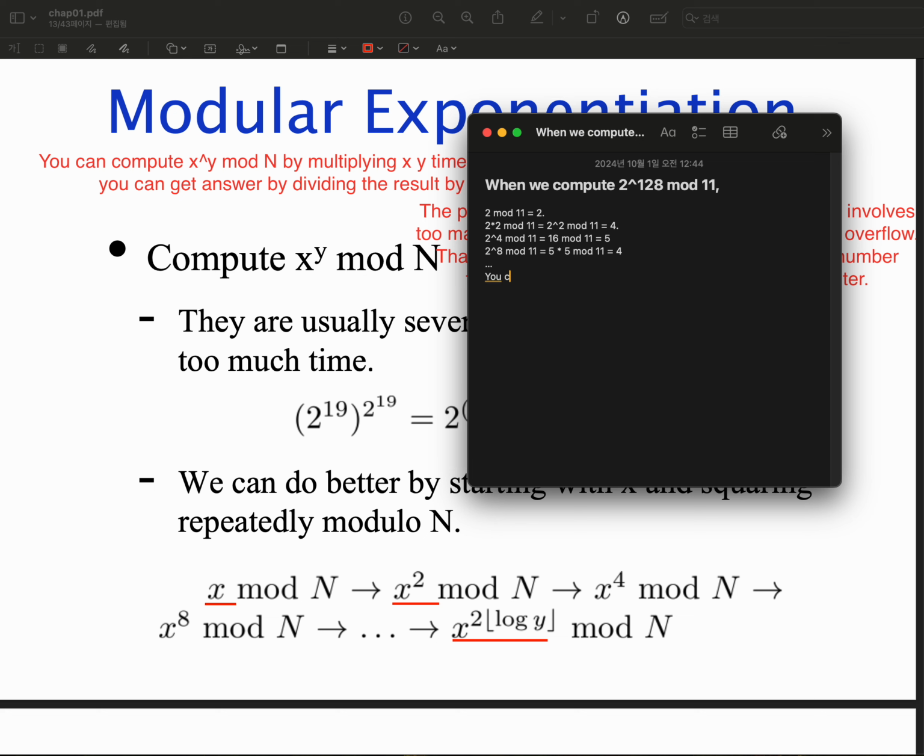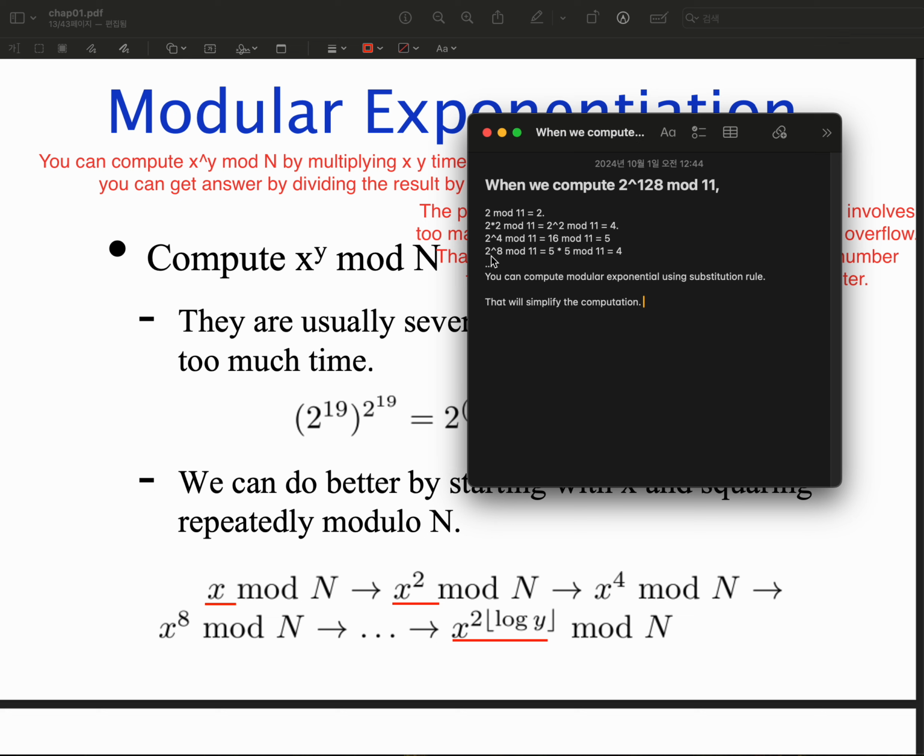So you can compute the power by using the substitution rule, and then it will simplify the computation.